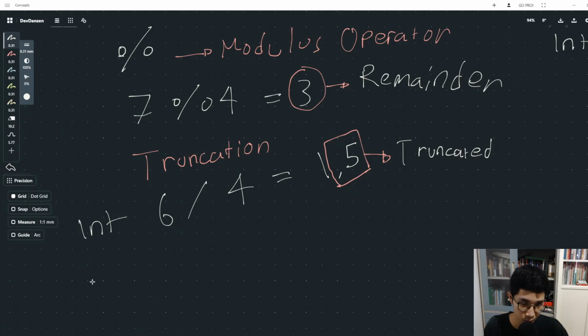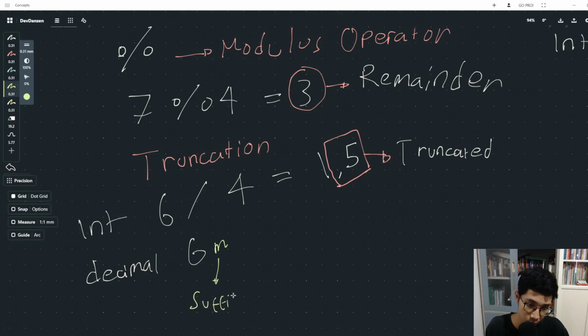So we want to use the float, or just use the decimal. Don't forget the suffix. Let me use a different color here. So this one is the suffix. 6 with the suffix divided by 4 is equal to 1.5.